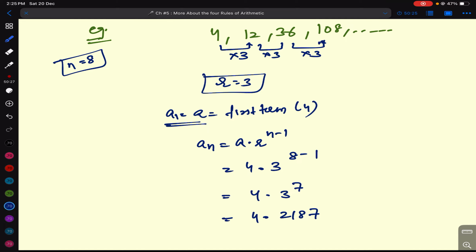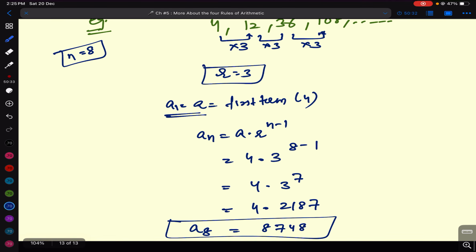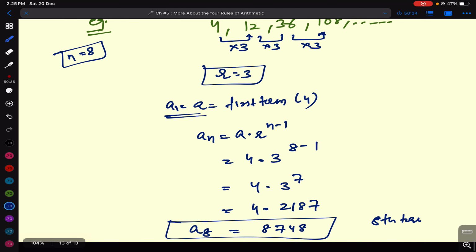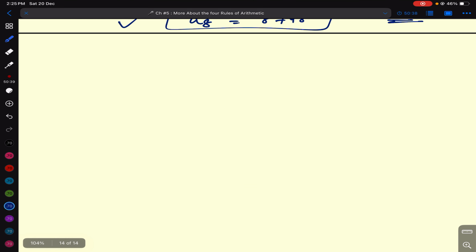That is 8748. So this becomes your 8th term of the sequence. Clear? So this is how we find the nth term of a sequence. Clear? So this was your lesson number 4, which was geometric sequence of numbers.